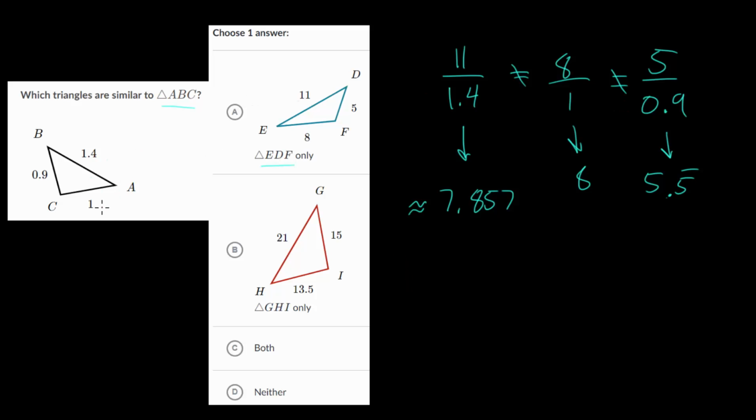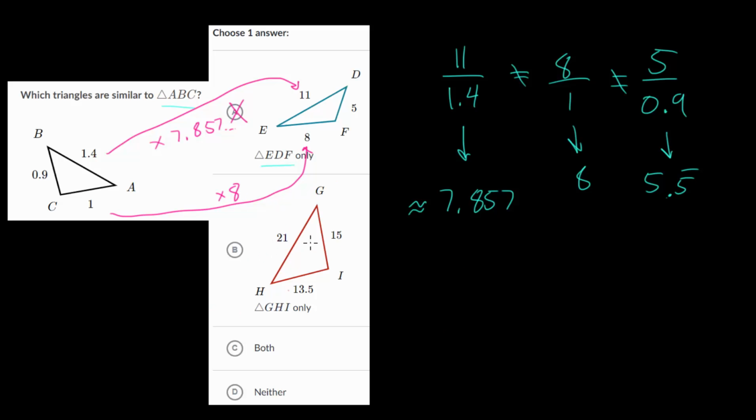The proportionality constants are not equal. When we go from the middle side here to the middle side here, we're multiplying by 8. But when we go from the long side here to the long side here, we're multiplying by 7.857, and it will start repeating at some point. But the fact that we are not multiplying by the same number when going from one corresponding side to another shows that these two triangles are not similar.